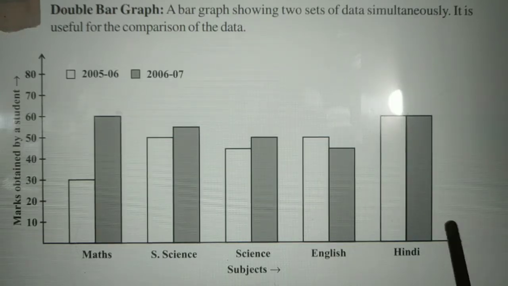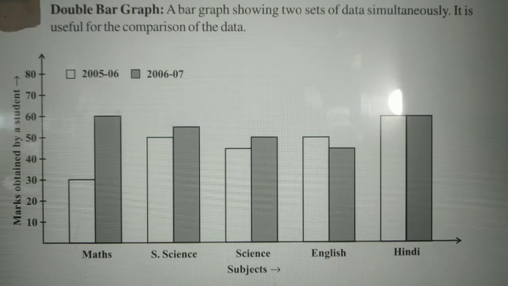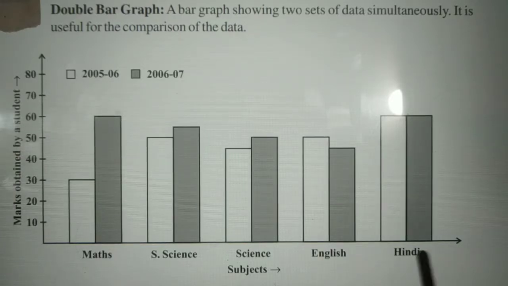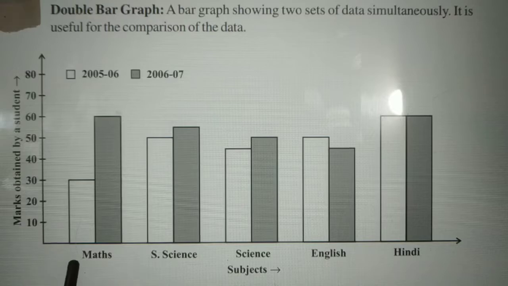So let us see an example that gives you good information about the double bar graph. In this example, as you can see, this is the x-axis and this is the y-axis. This we have to draw on graph paper. In this double bar graph, on the x-axis the subjects are shown: mathematics, social science, science, English and Hindi.